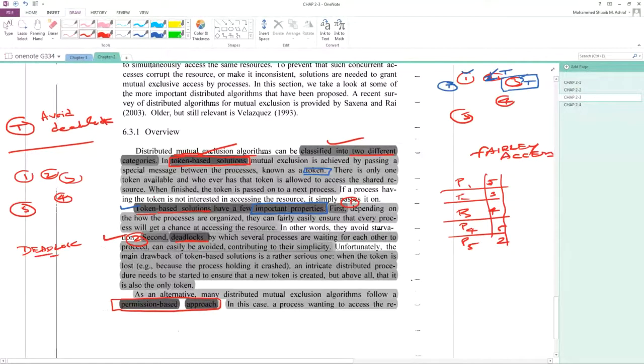But using a token based algorithm, out of five, only one will access, because if any process has the token, he will access. So that's why there is no deadlock. Out of five, out of ten, any one will access the resource. So that's why there is no deadlock. Understand, Mohammed? All students?